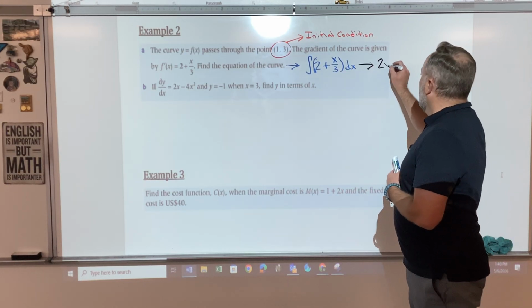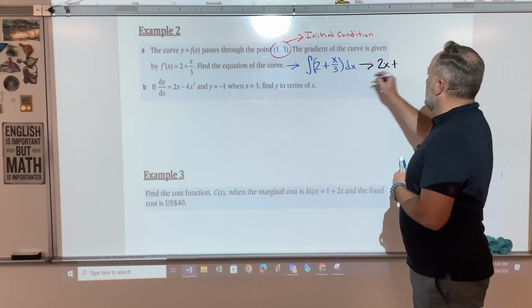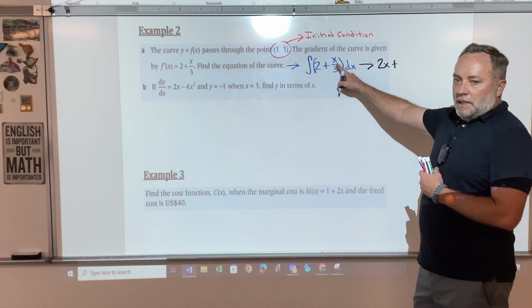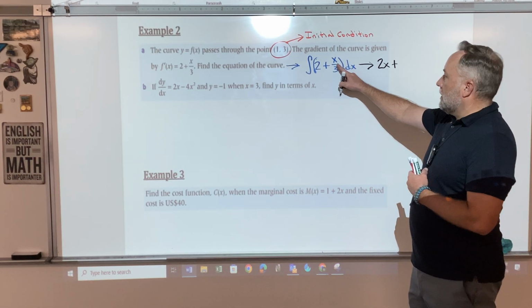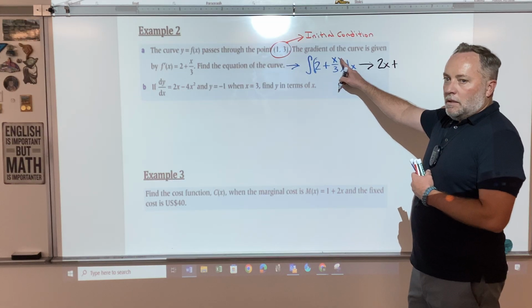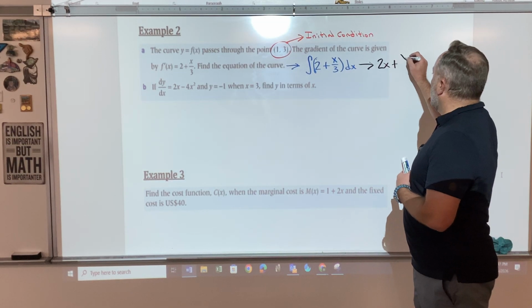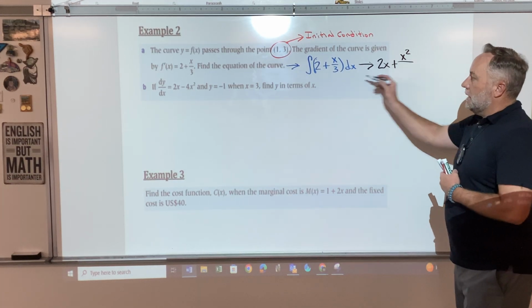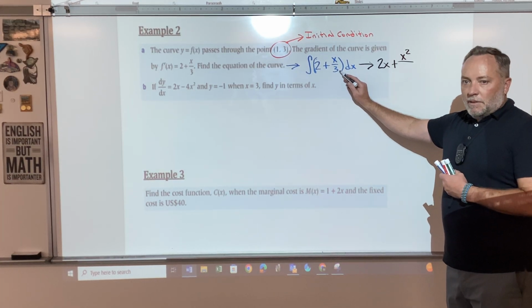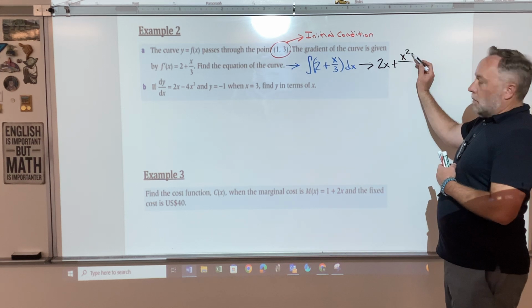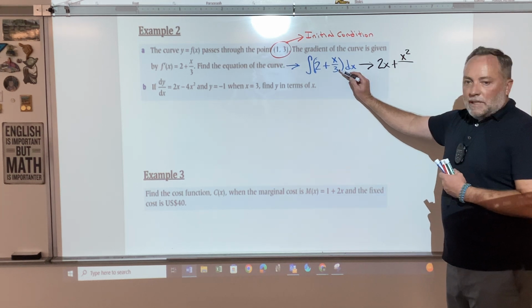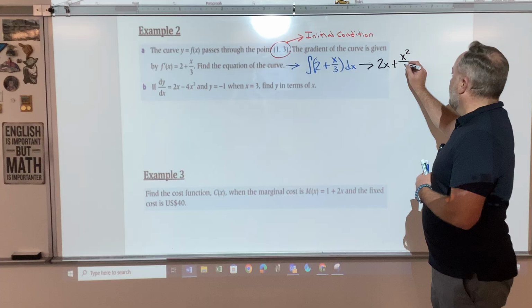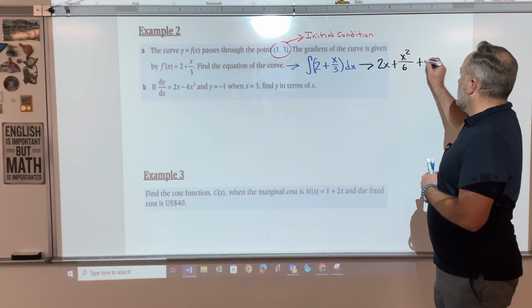Now I have a plus sign, plus, add 1 to the exponent and divide by the new exponent. So adding 1 to the exponent would give us what? X squared. There's already a 3 on bottom, so if I divide that by 3, you're essentially multiplying that 3 by 2, or whatever the exponent was, which is 2 in this case. And so 3 times 2 is 6. And then plus c.